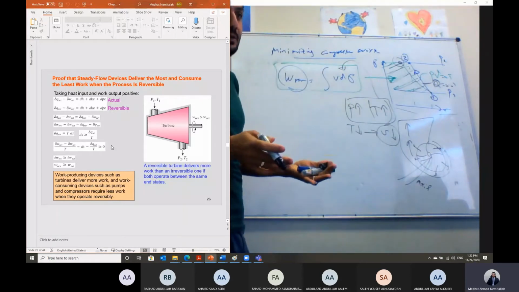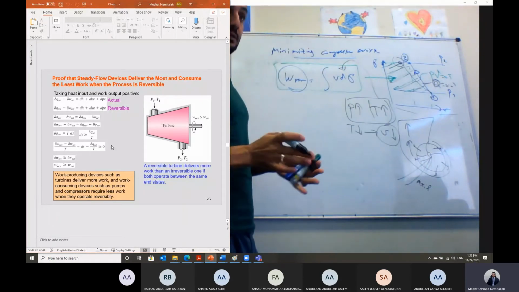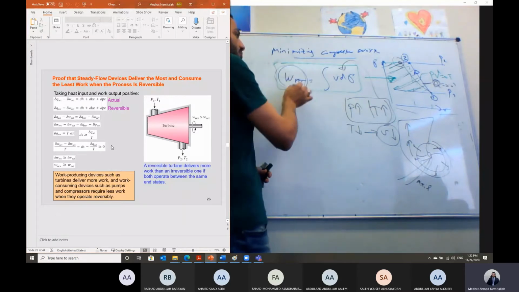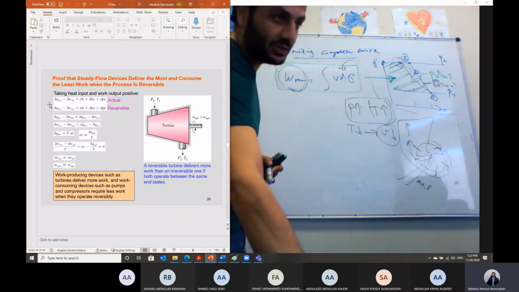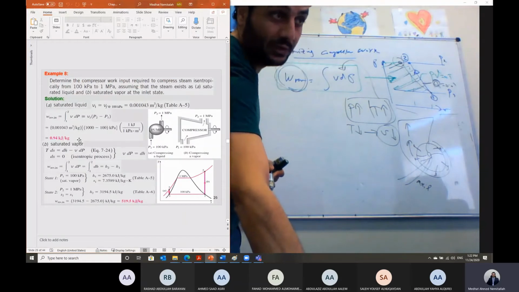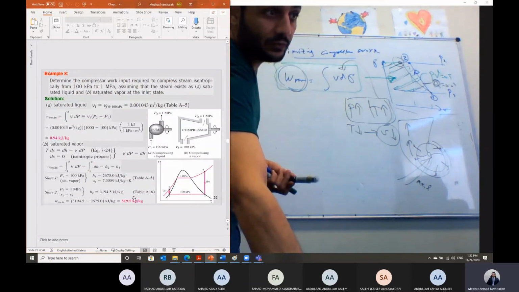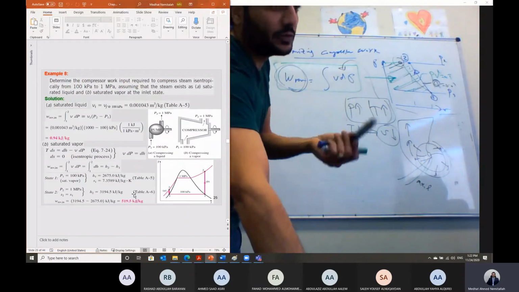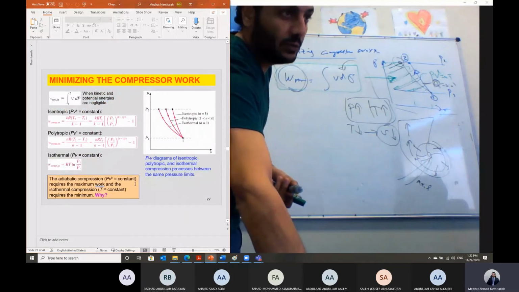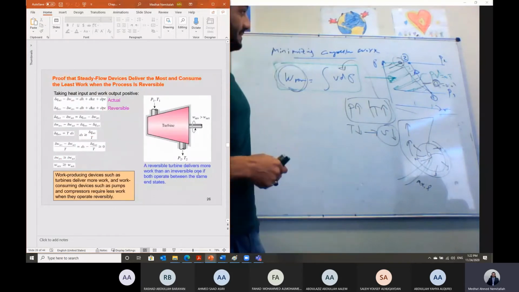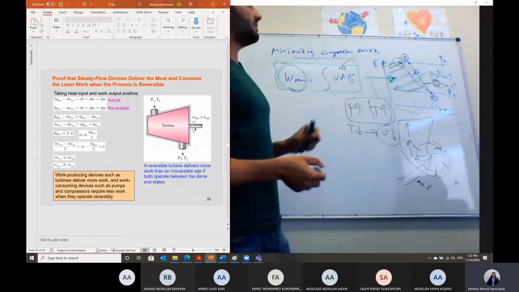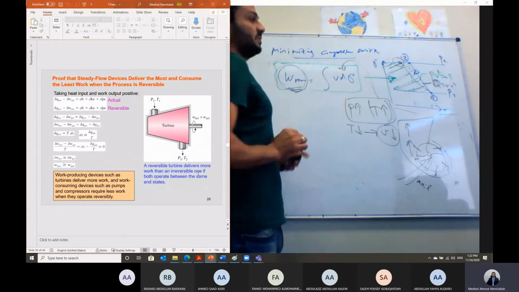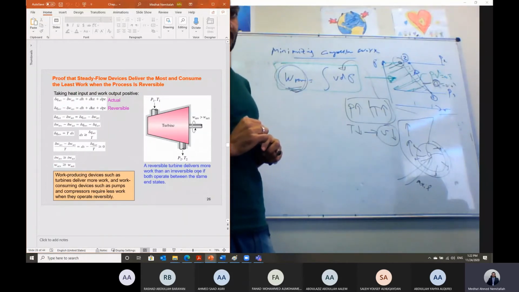If the volume of the substance is reduced, the work input should be reduced. We learned this when we compared the case of liquid with the case of gas, where we need 500 times more because of the volume. So if you are able to reduce the volume of the gas, you are reducing the reversible input work to the compressor.